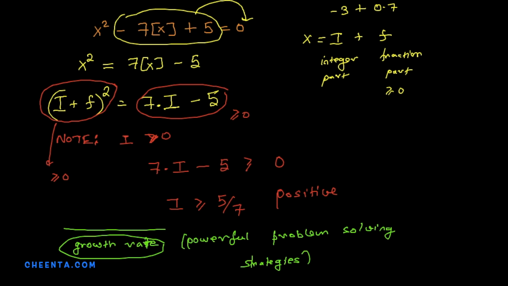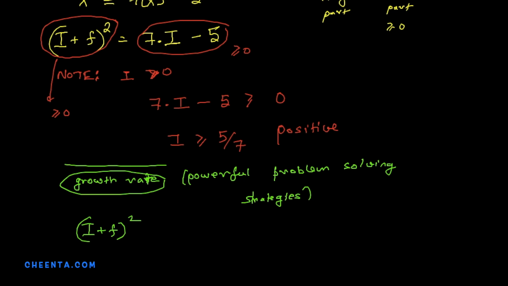The left hand side, which is (I plus f) whole squared, is a quadratic in I, the integer.